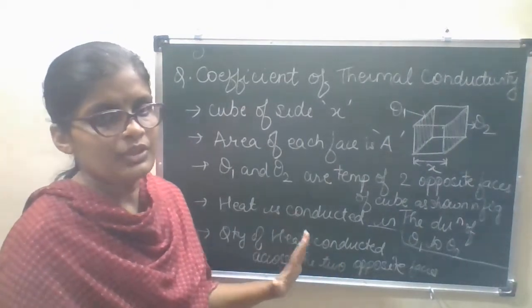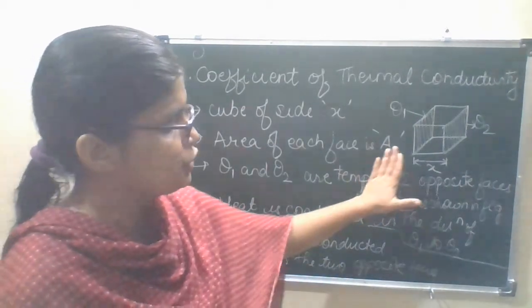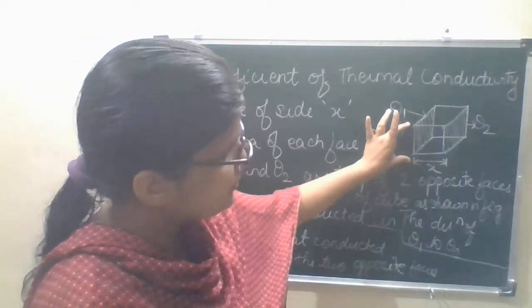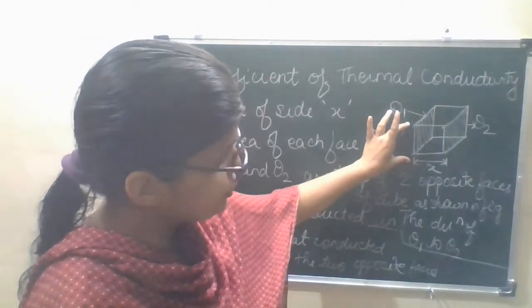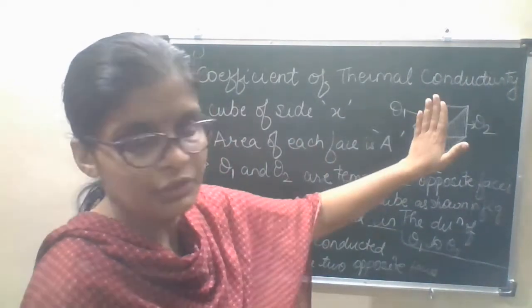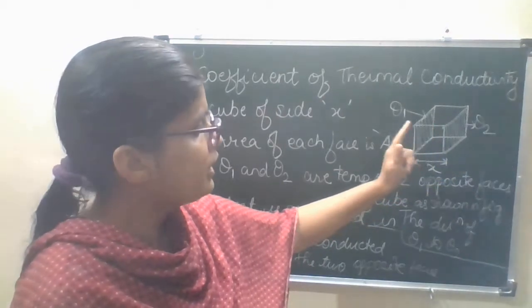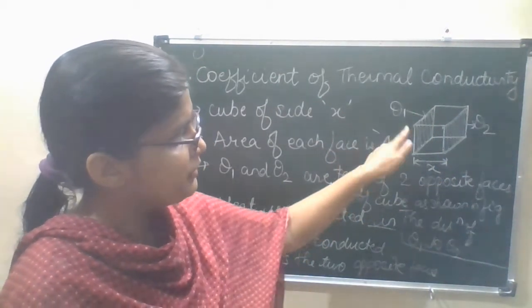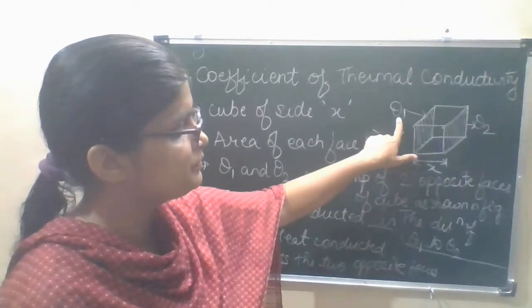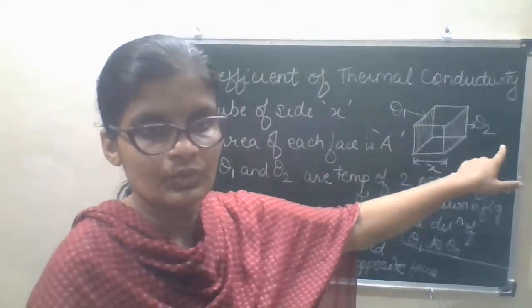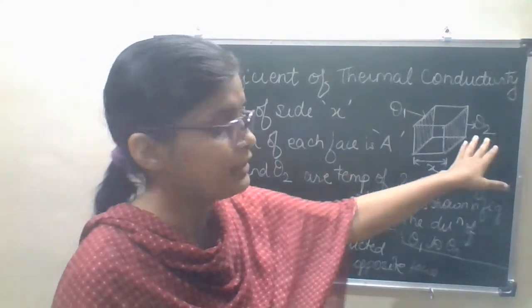Okay, so here we have drawn one cube, a little bit in front, and then the back side cube has been drawn. At the left hand side, one face is named theta 1 and theta 2. So what are these theta 1 and theta 2?